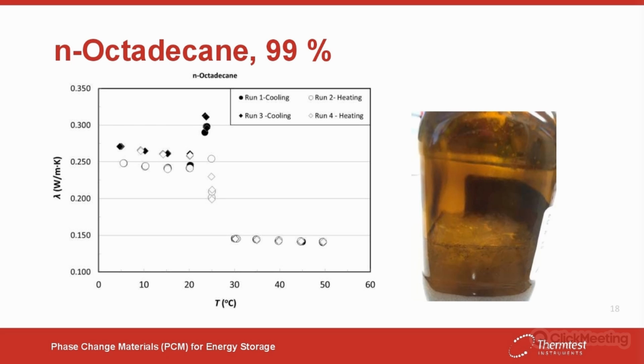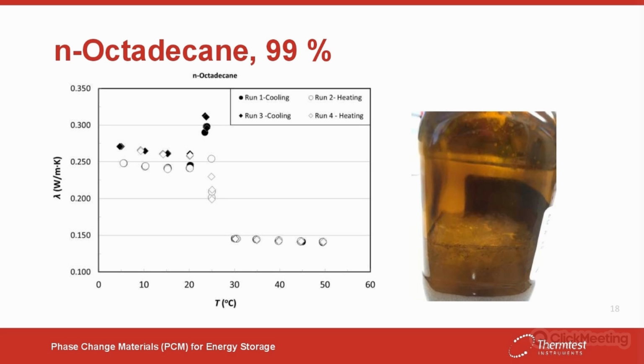The next PCM is the N-hexadecane. It was solid at room temperature, flaky but semi-solid. In this case, again, the PCM was melted up to 50 degrees, and then the measurements were taken from high to low temperature, then high again, low again, and then high again.